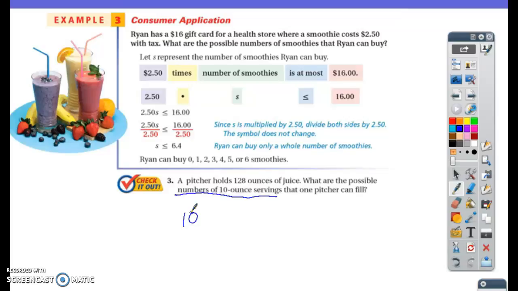Okay, we'll just stick a variable here. So 10J, or ounces, whatever you want. Actually, that looks weird, so I'm going to use a different variable. I'm going to use 10G is less than or equal to 128, because 128 is the maximum. 128 has to be bigger than that amount.